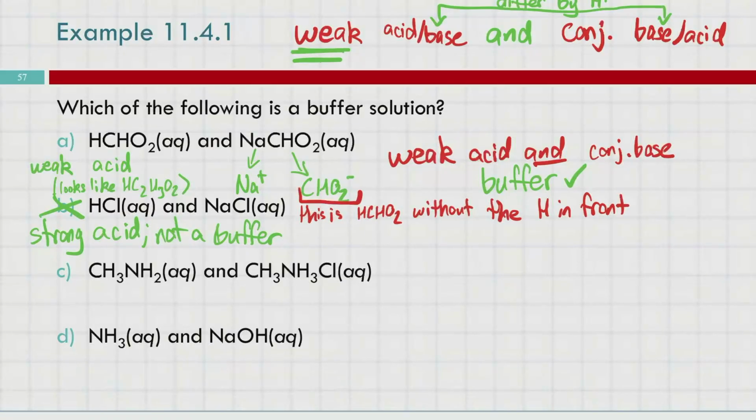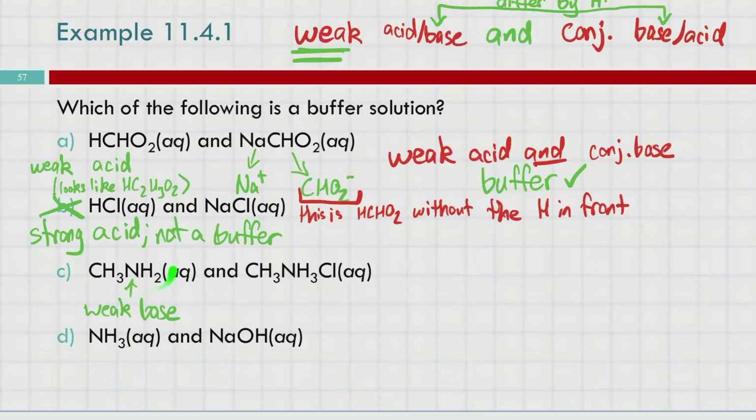All right, looking at C, CH3NH2, any guesses about whether that's an acid or a base? Do we have an H in front? No H in front, so it's not an acid. We have an N. This is an organic amine, meaning it's a weak base. Not one that you're expected to know, but we can identify that it's got an N in it. That makes it a weak base.